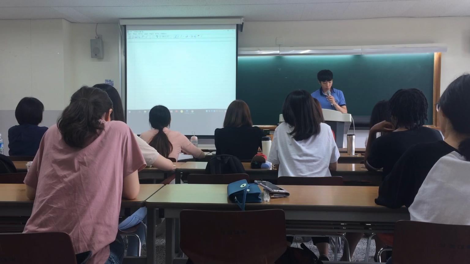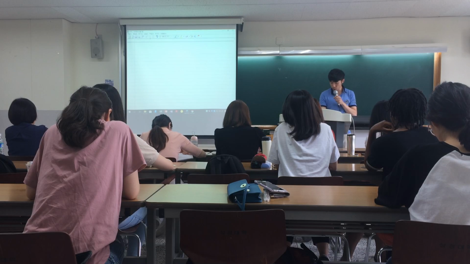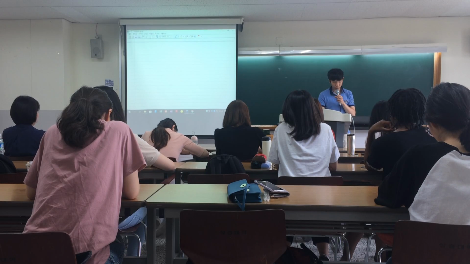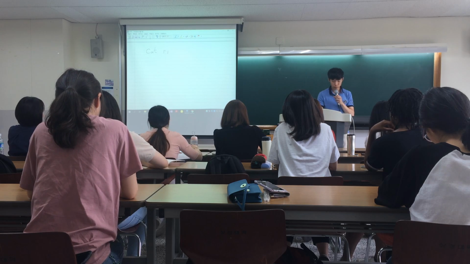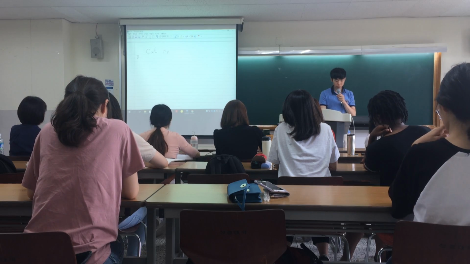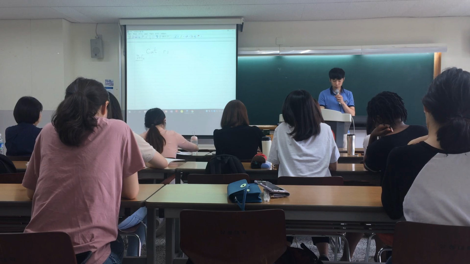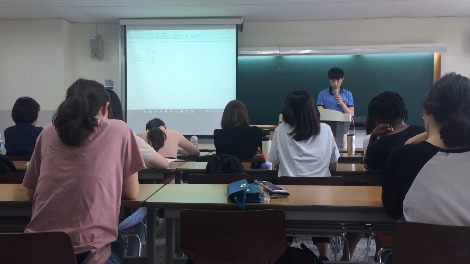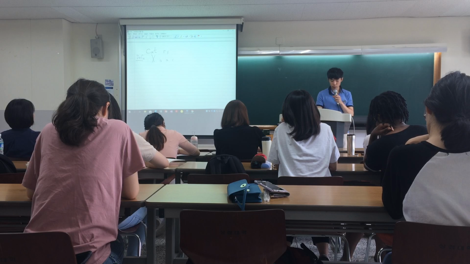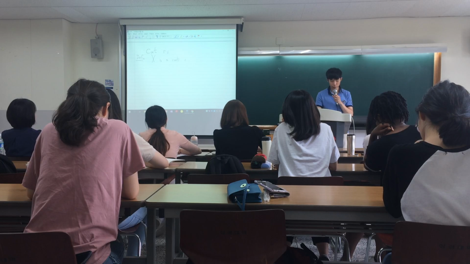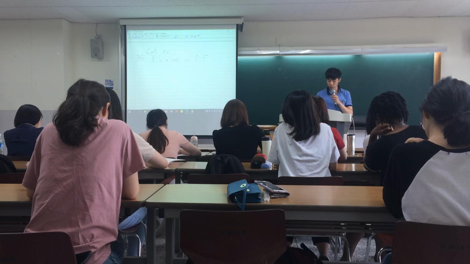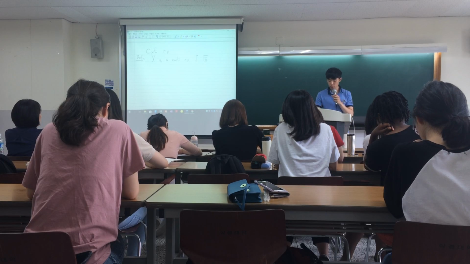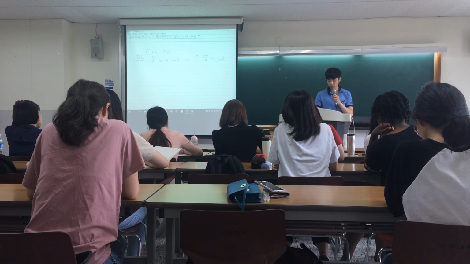Okay. Next, we talked about discrete random variables. Now we're going to talk about continuous random variables. And the definition is as follows. A random variable x is a continuous random variable if the CDF that we get from it is continuous.